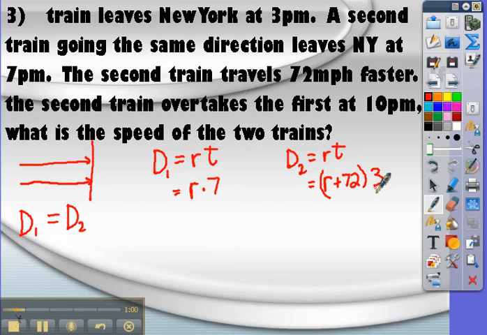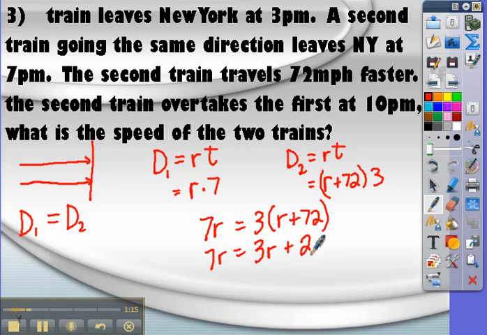And we had decided we were going to set these equal, so you have 7R is equal to, I'm going to put that 3 in front, and let's solve. Distribute. Subtract the 3R over here from the 7R, so I'm going to have 4R equals 216.